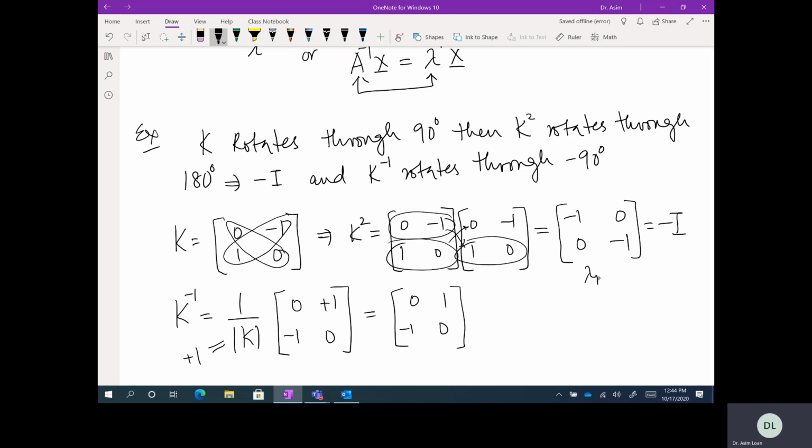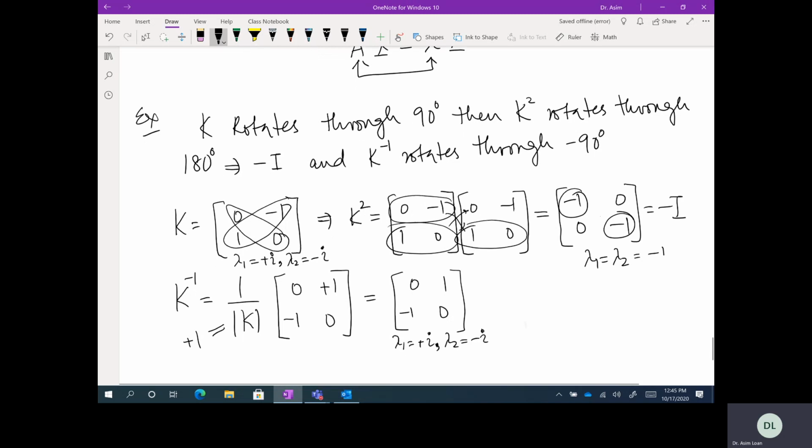Okay, so lambda 1 equals lambda 2 here equals minus 1, because these are the elements on the main diagonal. Here we know that lambda 1 equals plus iota and lambda 2 equals minus iota. And here again lambda 1 equals minus iota or plus iota, and lambda 2 equals minus iota. You can check that this is actually what you get.